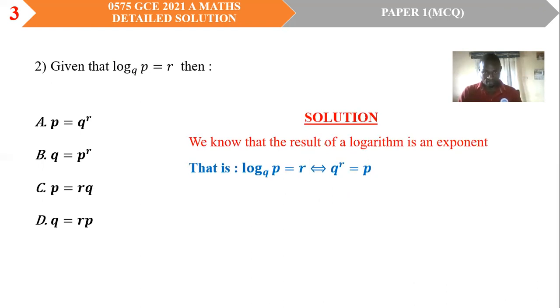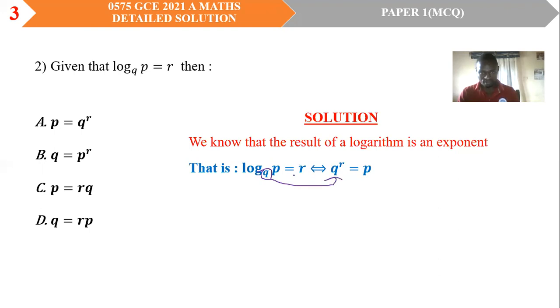Solution. We know that the result of a logarithm is an exponent, meaning that if log of p to base q is equal to r, then expressing in index form, this base is maintained as we have seen here.